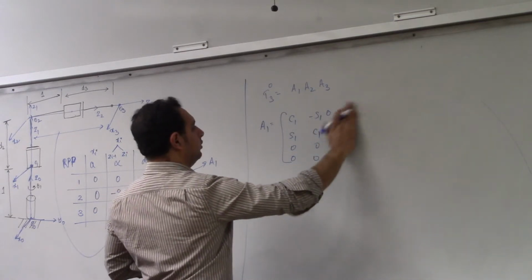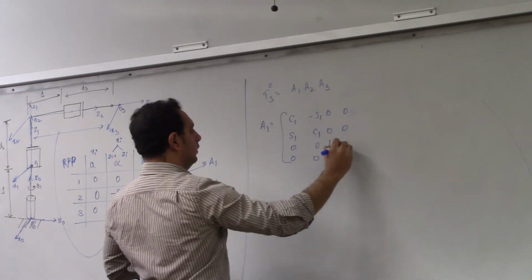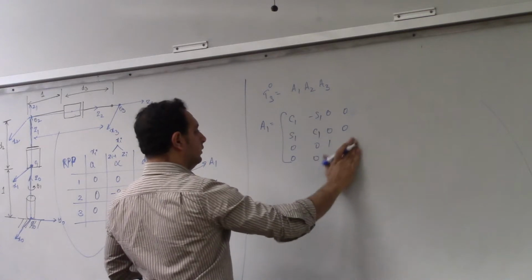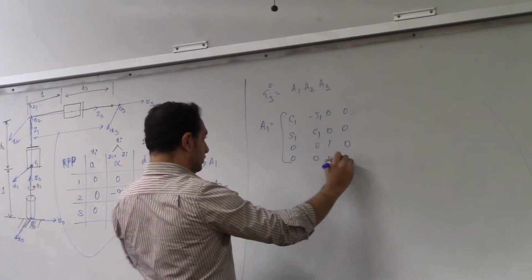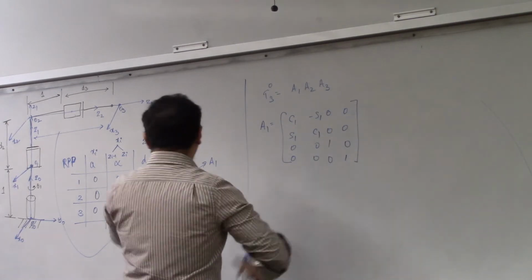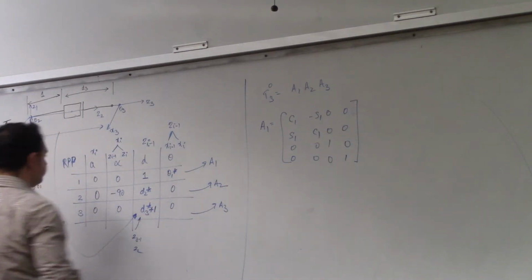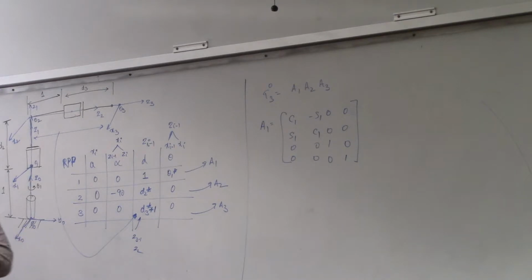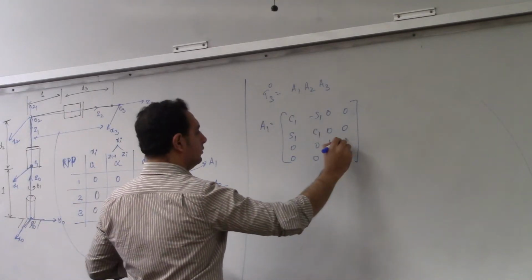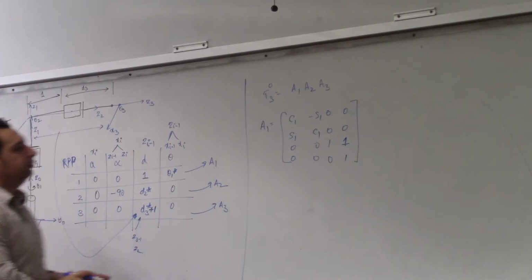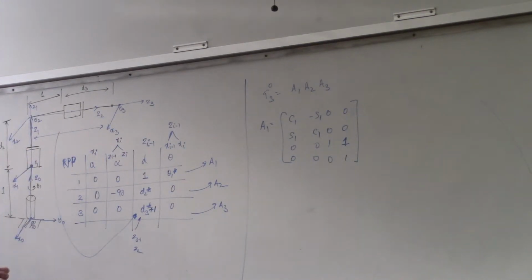A1 is 0, so this will be 0. D is 1, so this will be 0, and this will be 1. I think there is a D1. D1 is supposed to be 1. Okay, please do A2 and A3.